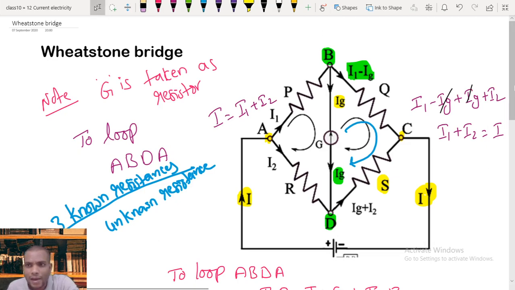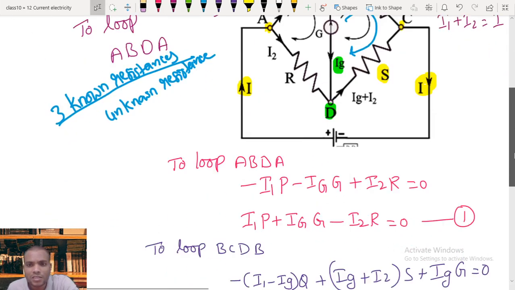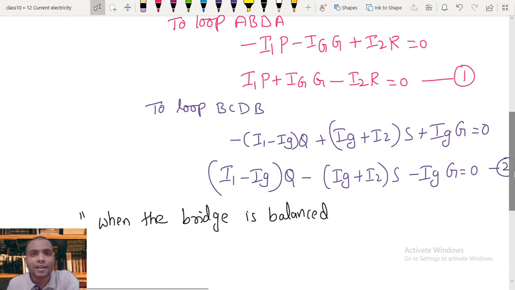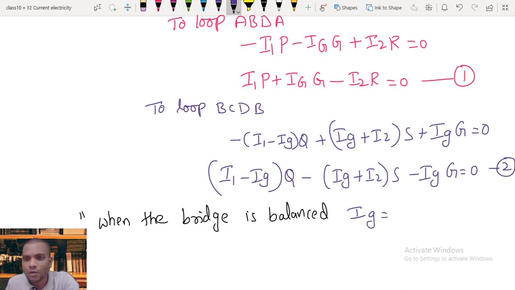So when the bridge is balanced, when that situation comes, the current through the galvanometer becomes 0. This is the condition we need to get by using the three resistors.